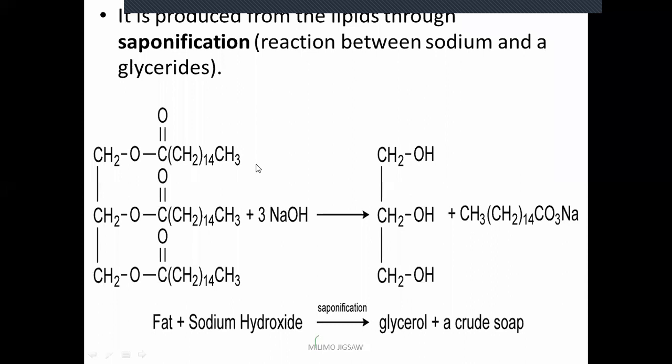We've talked about the functions of the lipids. We've said that lipids are very important for energy storage. We've said that lipids can act as hormones.